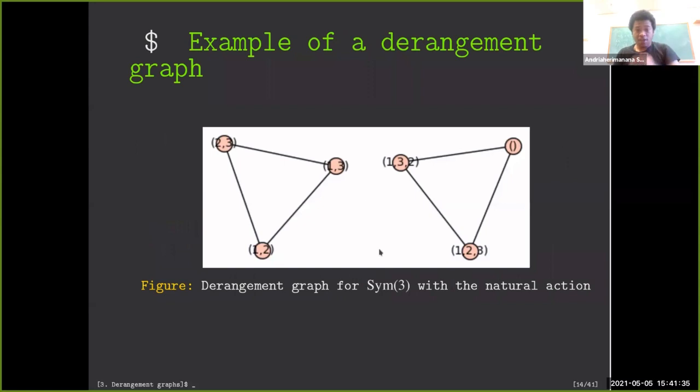And this is an example of a derangement graph for the symmetric group with its natural action. You can see here that the identity element is adjacent to the three-cycles, which are derangements in this case, and two transpositions are adjacent because their product is a three-cycle.